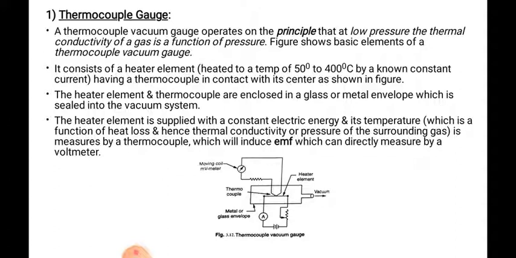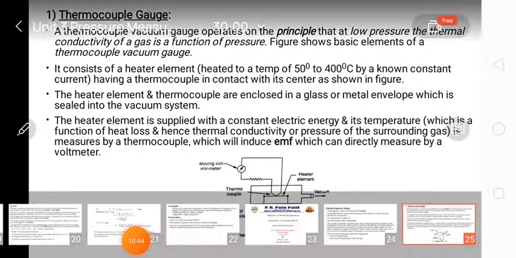That I have already told you is a function of heat loss. So the heater element is supplied with constant electric energy, and its temperature measured by the thermocouple gives an induced EMF, which can be directly measured by the voltmeter.